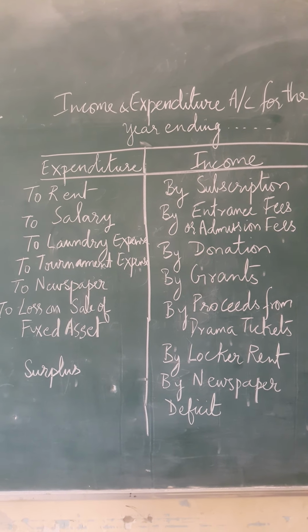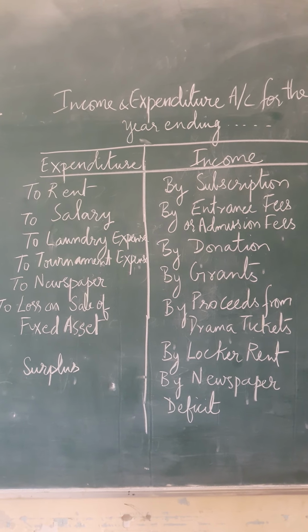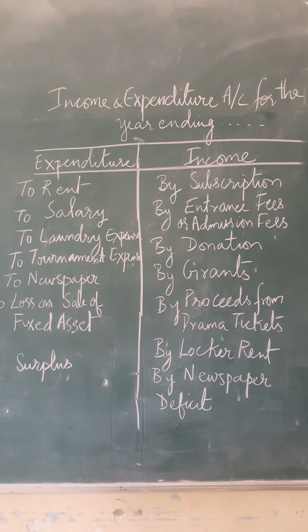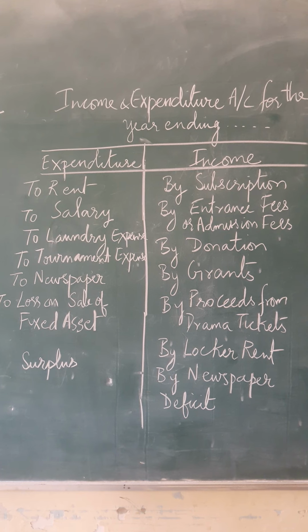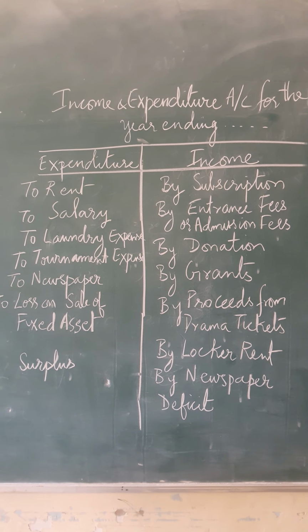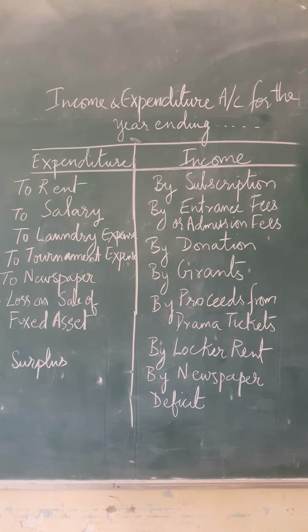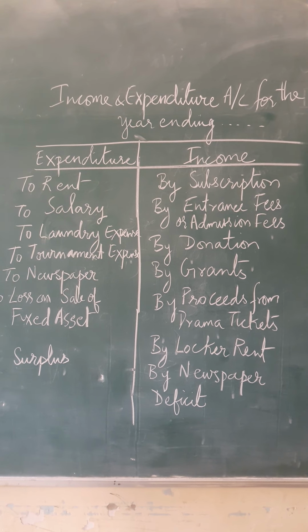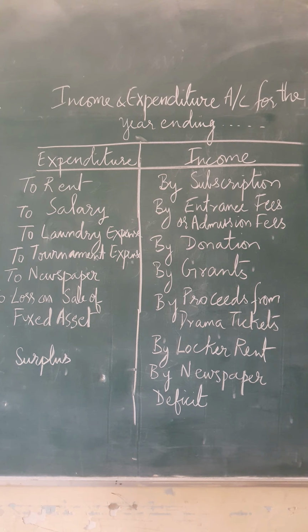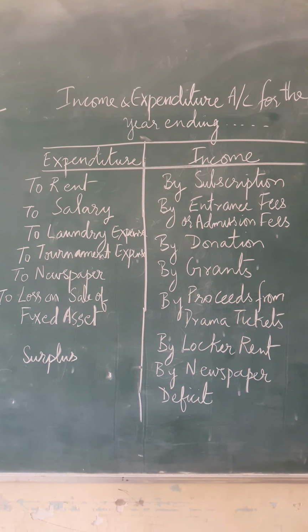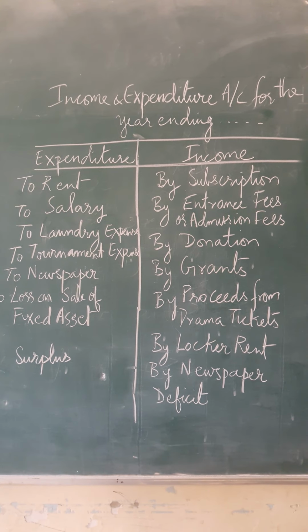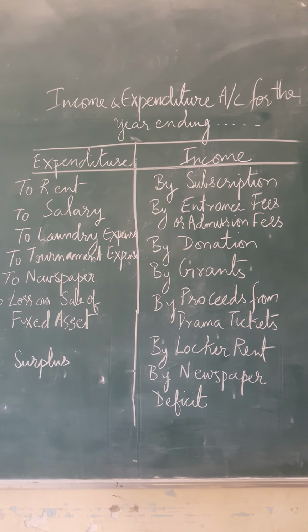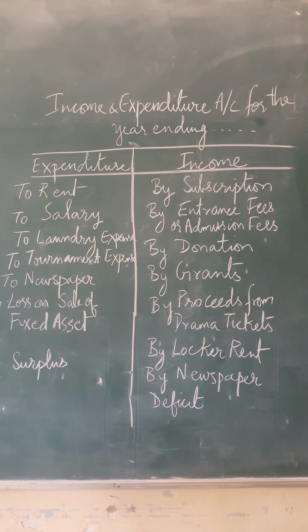Just like in P&L, you can either have profit or loss. Only the terms are new, otherwise the treatment for preparation of income and expenditure is on similar ground as profit and loss account. So this is an insight into how things are prepared and what are the new terms that you are listening to. We'll continue further.